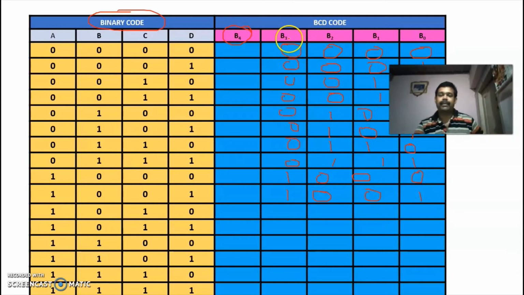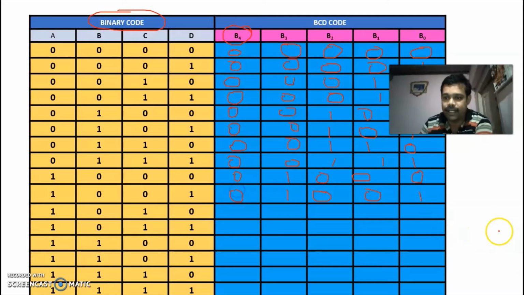By using the bits B3, B2, B1, B0, we have written from 0 to 9. Then in the place of B4, you put 0 from 0 to 9.